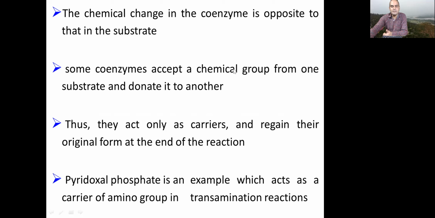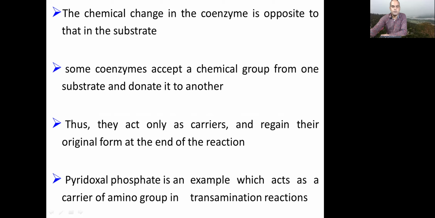Some coenzymes accept a chemical group from one substrate and donate it to another. Thus, they only act as carriers and regain their original form at the end of the reaction. A good example of that is pyridoxal phosphate, which acts as a carrier of amino group in transamination reaction. We need to be familiar with pyridoxal phosphate because it is a very important coenzyme in protein metabolism.